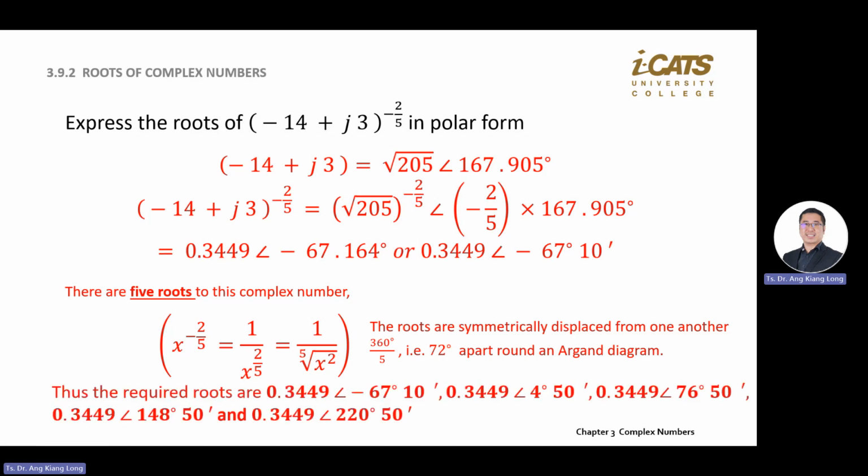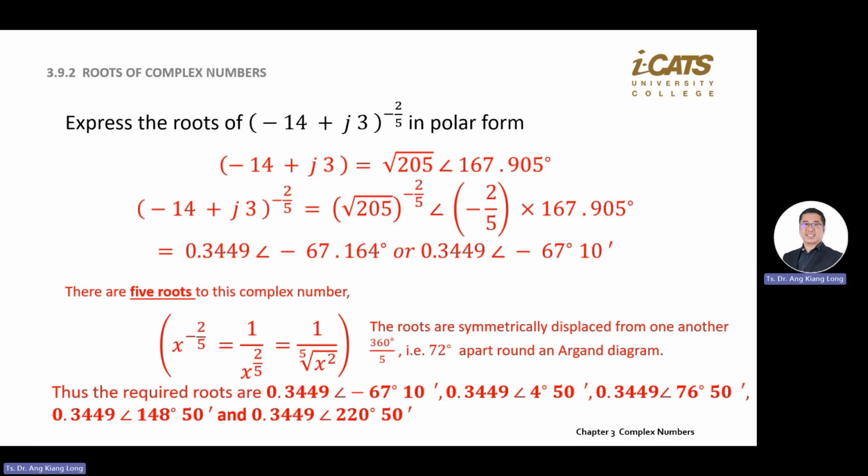So you have this angle. You know that the first one you find the angle will be minus 67 degrees. The second one you plus 72. So if you draw the Argand diagram, this is minus 67 degrees, this is the first one. Second one, you plus 72, you get here.